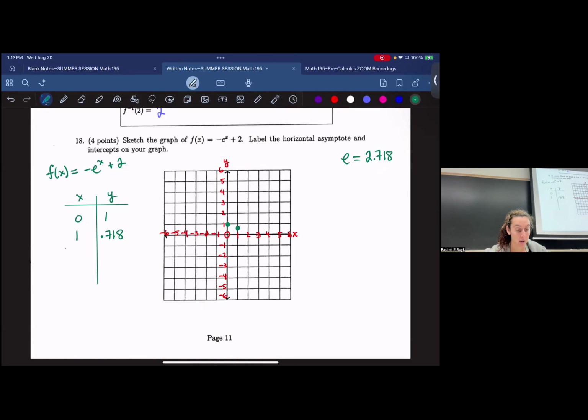But what do we know about our famous graph, e to the x, and I'll put that off to the side here so we can very easily identify our horizontal asymptote. E to the x looks something like this. It's the undercusp of the lowercase letter e. And so our horizontal asymptote here is at y is equal to 0.